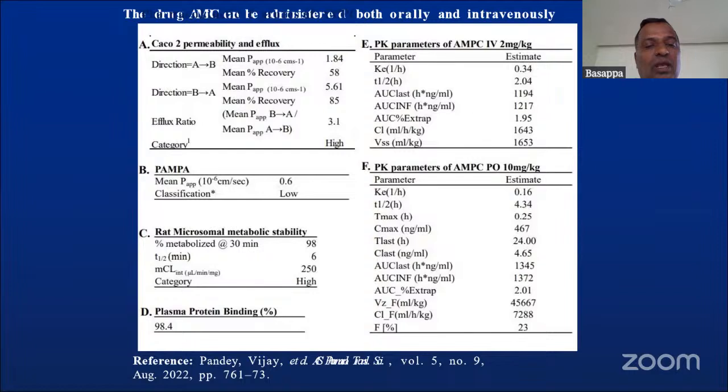Coming to the druggability of the compound AMPC, we have obtained pharmacokinetic and pharmacodynamic studies. This study was conducted at Bengaluru, where a company provided it. The whole summary is that the compound has druggability, and by these parameters the overall AMPC could be used as a drug seed.